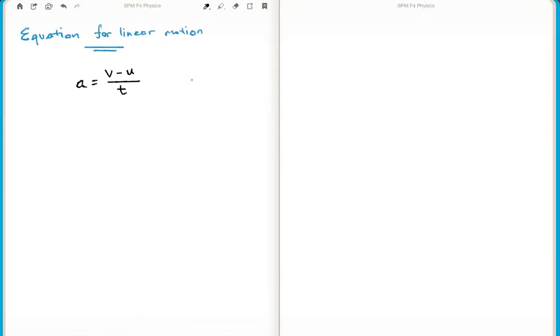For your own understanding, we have learned earlier that velocity is distance over time, or velocity is displacement over time. Here I would use the word distance traveled.